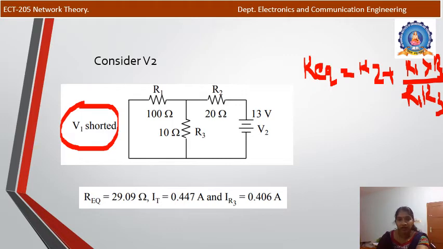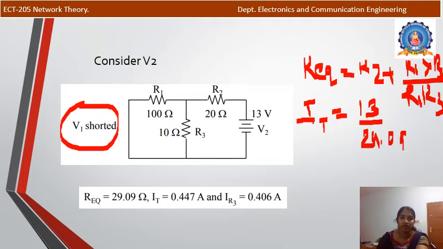Similarly, I total is equal to 13 divided by R equivalent, that is 29.09. Okay, that is equal to 0.447.